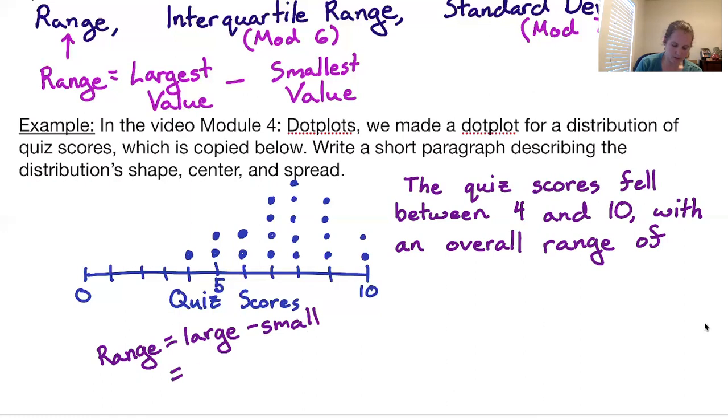So we would do 10 minus 4, and we get 6. So with an overall range of 6, so there's our spread.